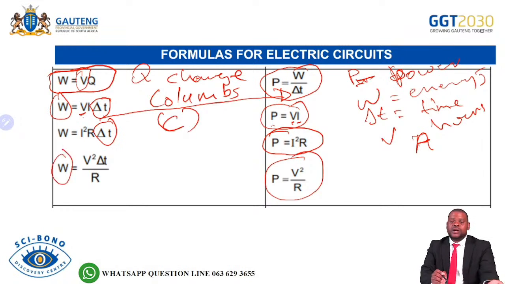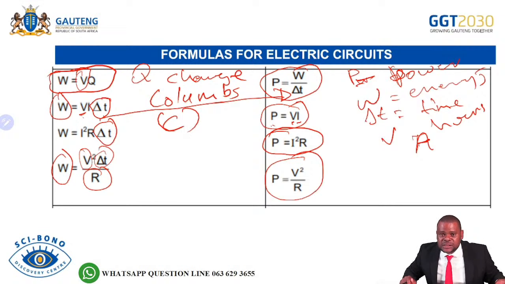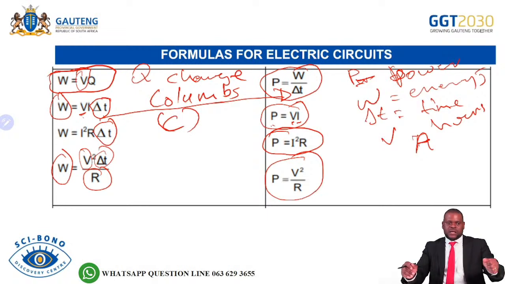W here, energy, V potential difference, time, resistance. Can you see, colleagues? And then we know all the symbols that are represented in all these formulas, and their SI units, of each and every letter that is represented in these formulas. Grade 12. If you have any question, please don't hesitate.